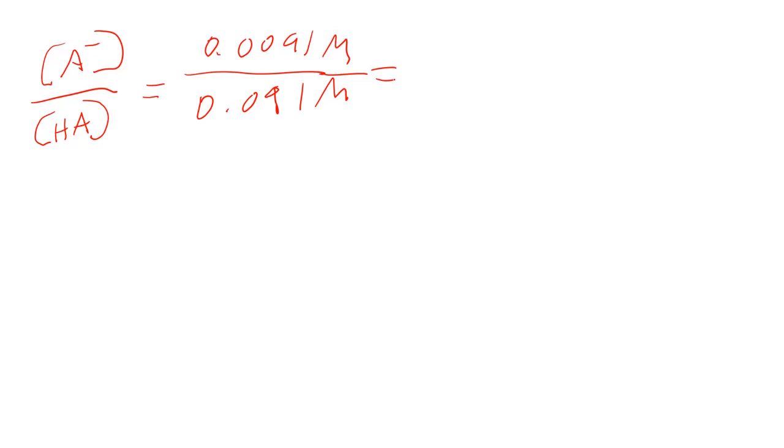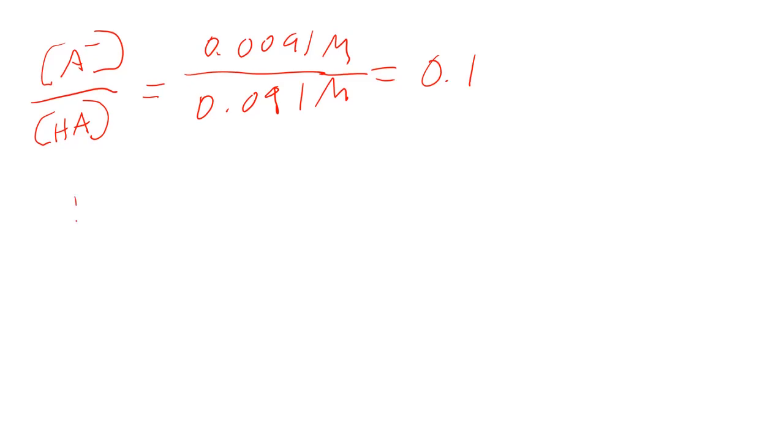Make sure that you store the numbers in your calculator and use the actual value, not the value that you rounded off. So if we divide this, we get 0.1.